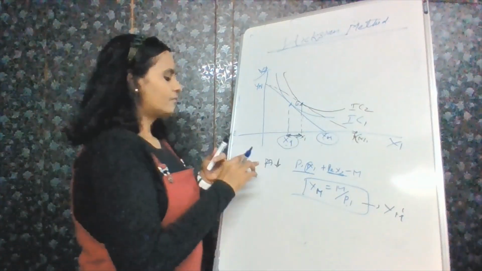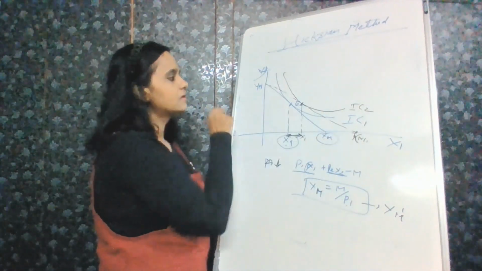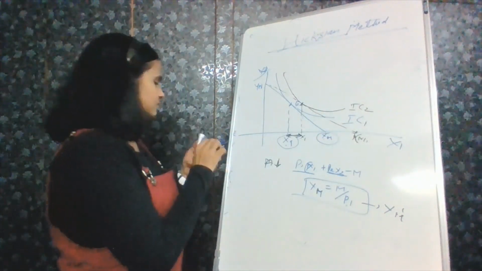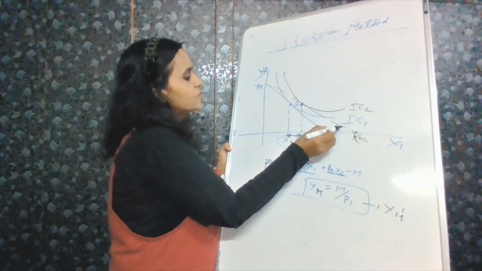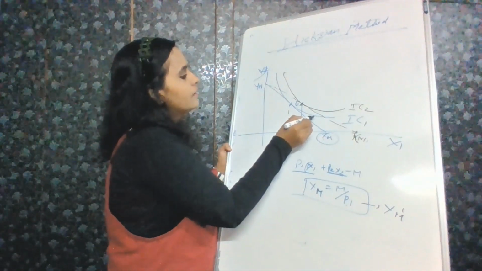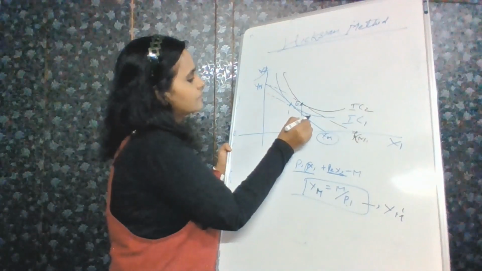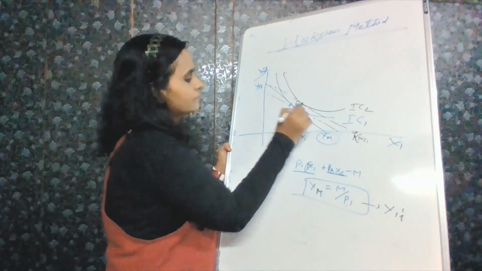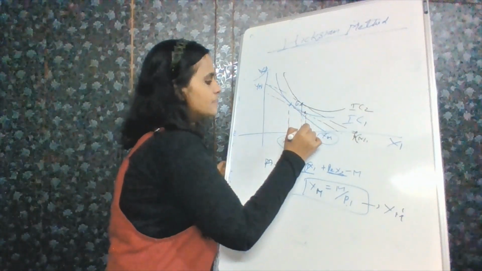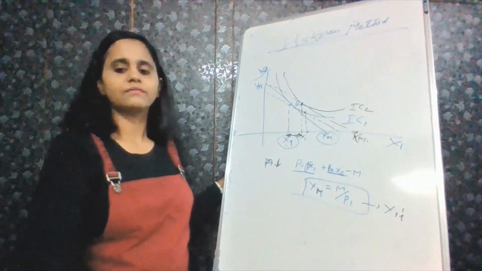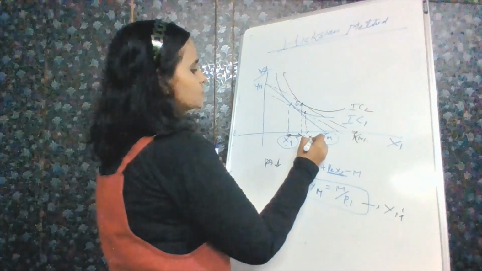But we need to derive a new budget constraint so that we can remove the income effect. So this is your new budget, which would be parallel to this line and tangent to your earlier indifference curve. Call this X2.